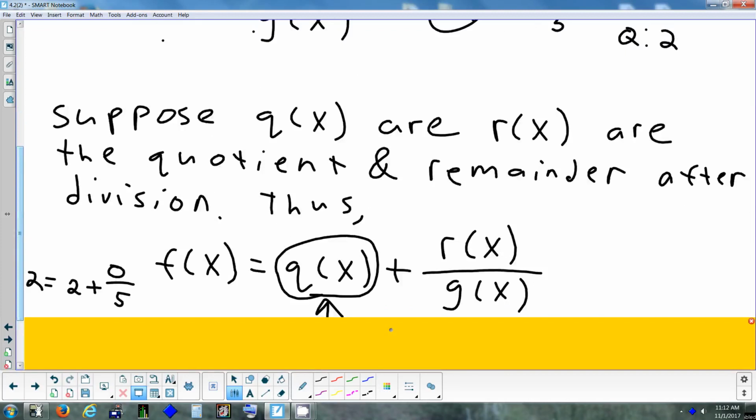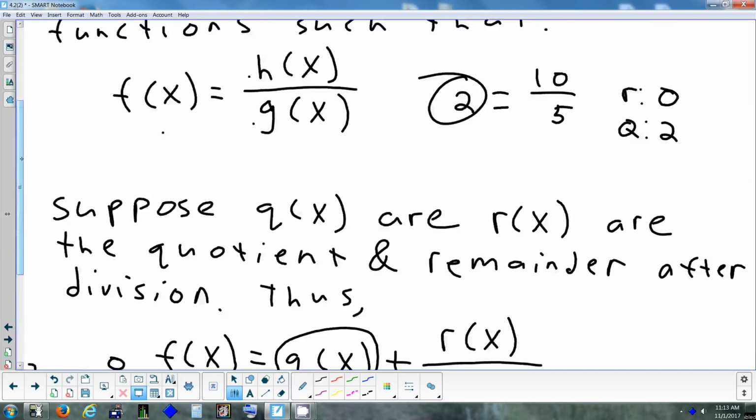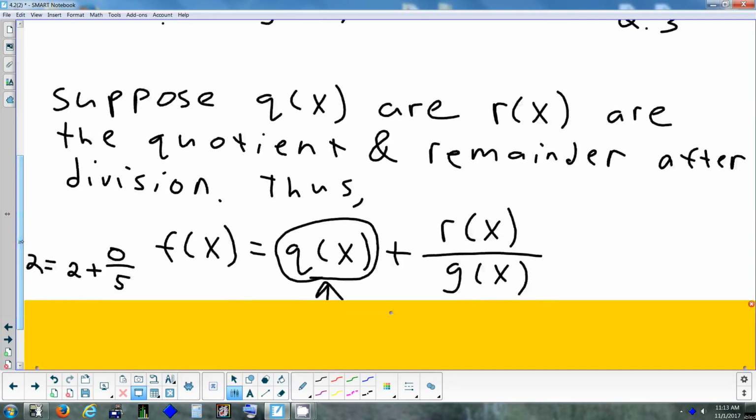What I started with equals my quotient plus my remainder over my divisor. If it didn't work, let's say when you divided this, you accidentally made a mistake, and you said, all right, 10 divided by 5 is 3. Well, if you try it now and change your quotient to 3, it doesn't work. So what that means is this is a way to check your division, and it shows you did something wrong.